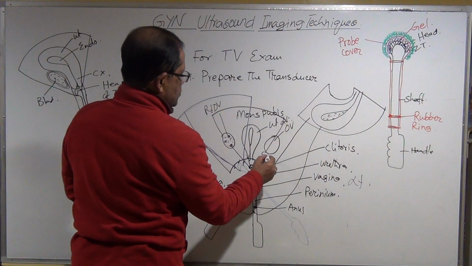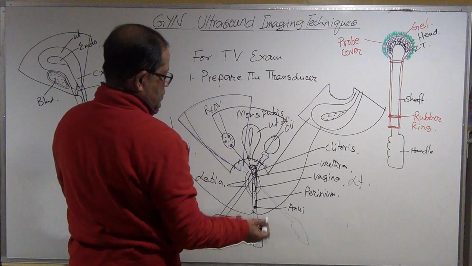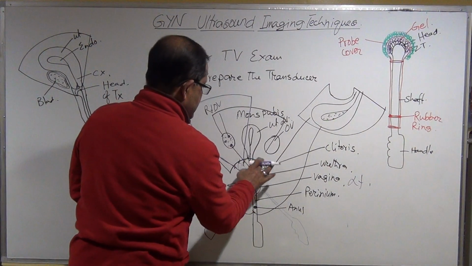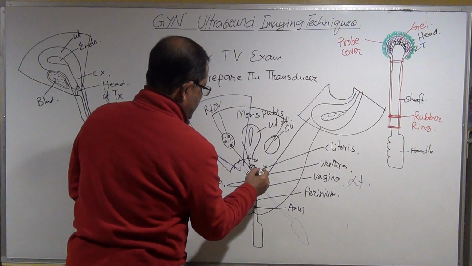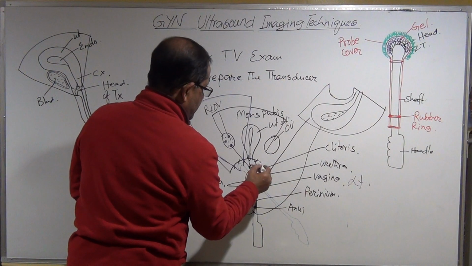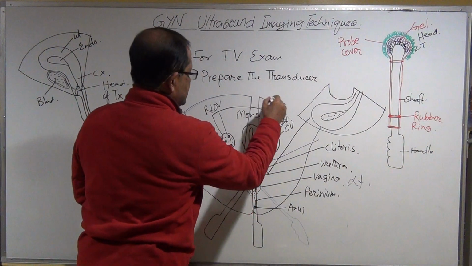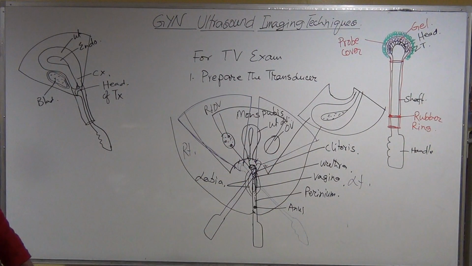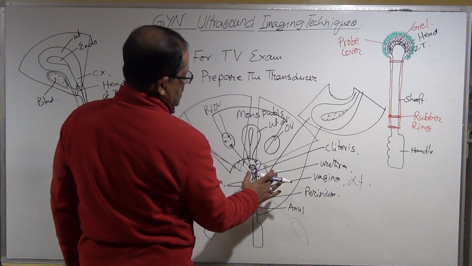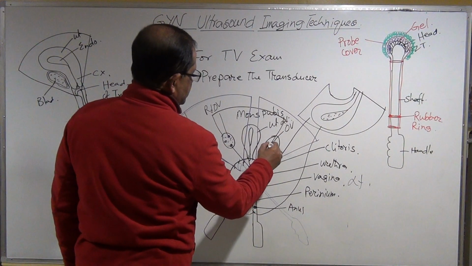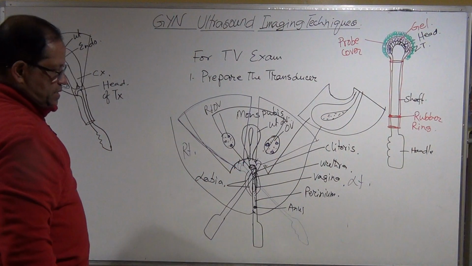See, this is the head of the transducer. Okay, actually the head is here, and it's sending the beam like this. Try to understand that in order to see the left ovary, the handle should be on the right side.